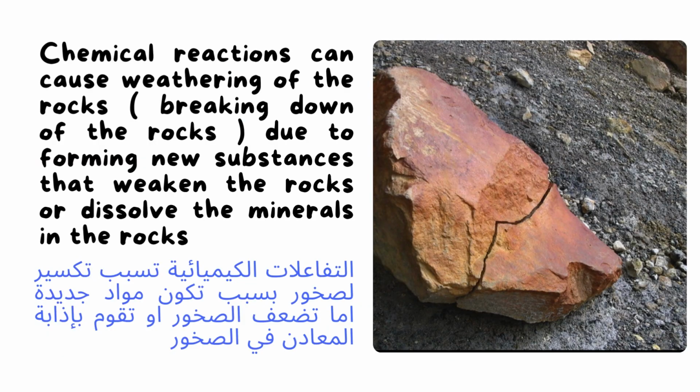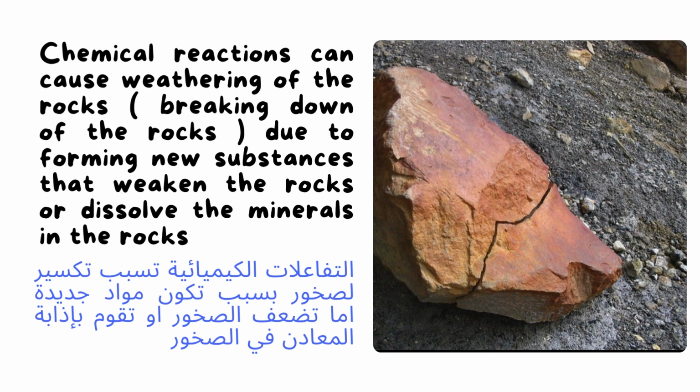You know, chemical reactions can cause weathering of the rocks, breaking down the rocks due to forming new substances that weaken the rocks, making them weak so they can be broken easily, okay? Or this new substance dissolves the minerals in the rocks.